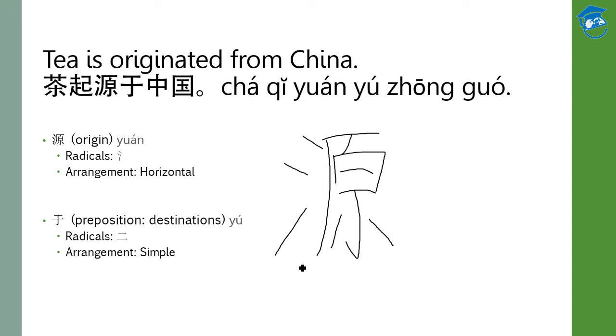In fact, this word is usually related to the source of water. So other than the meaning of origin, it has the meaning of source. Not just water, but also many other sources. In general, it's also used for other sources and origins.